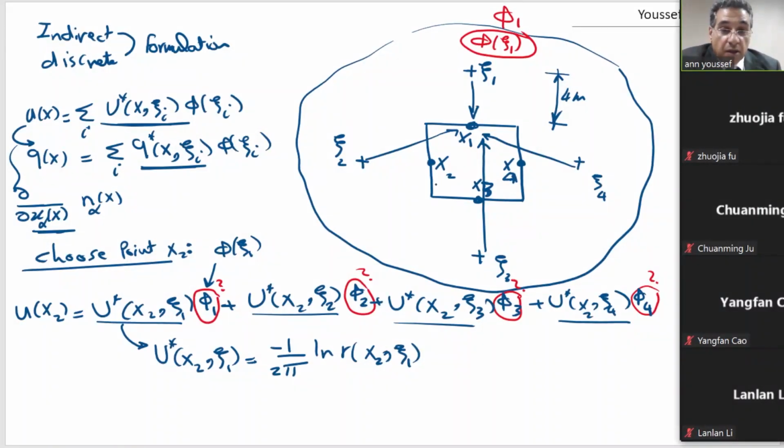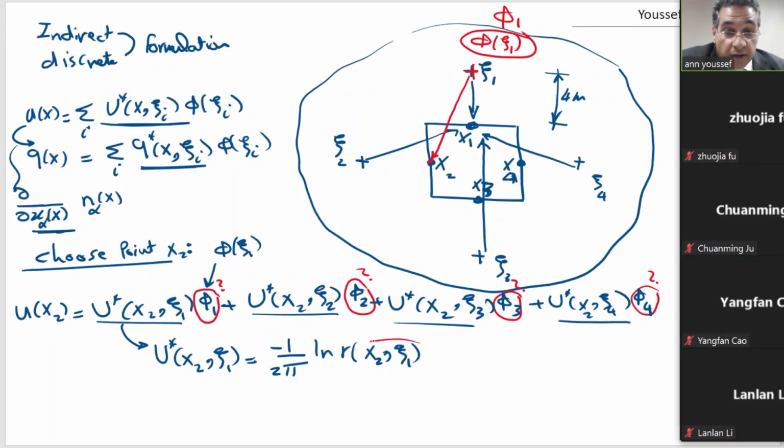The r between point x2 and xi1 is this one. I'm going to draw it here with red. Here is xi1 and here is point x2, so it is here. Just one second. This one is r between x2 and xi1, the red one here.